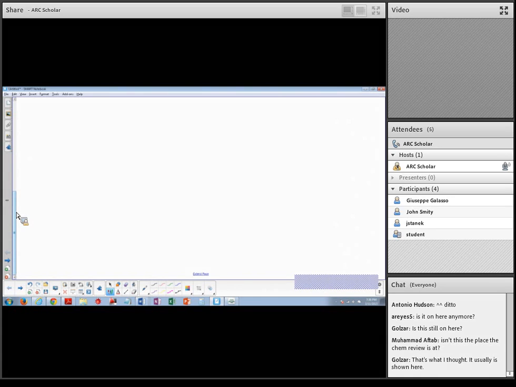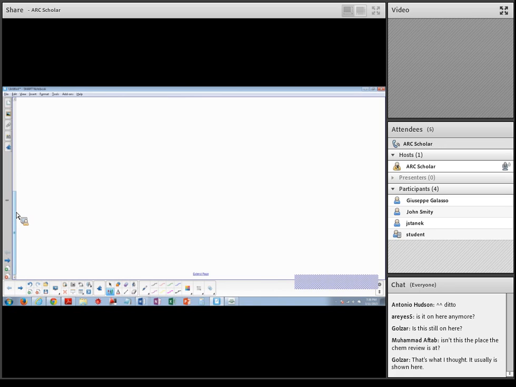Okay, we have a solution, 0.7 molar citric acid. Okay, this is polyprotic.